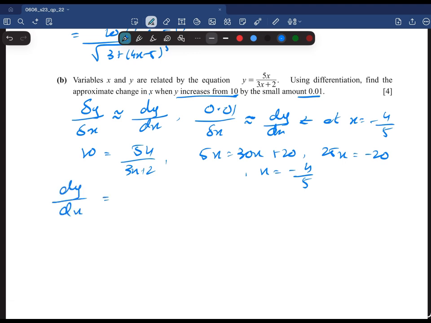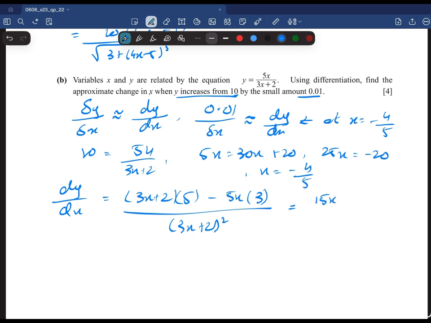dy upon dx is equal to, applying the quotient rule, (v u prime minus u v prime) over v squared. That'll be 15x plus 10 minus 15x, upon (3x plus 2) whole squared.